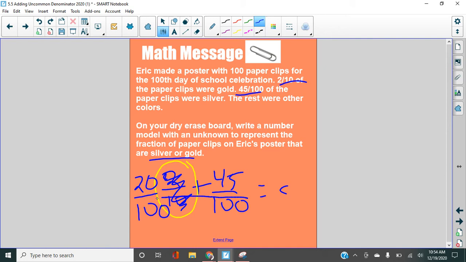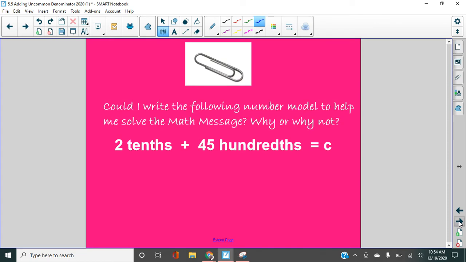But now look what we have. We have 2 denominators that are the same. So I can keep those the same, and I can add 20 plus 45 and get 65 hundredths. So you either have to have all apples or all oranges. You cannot add apples plus oranges with our fractions here.